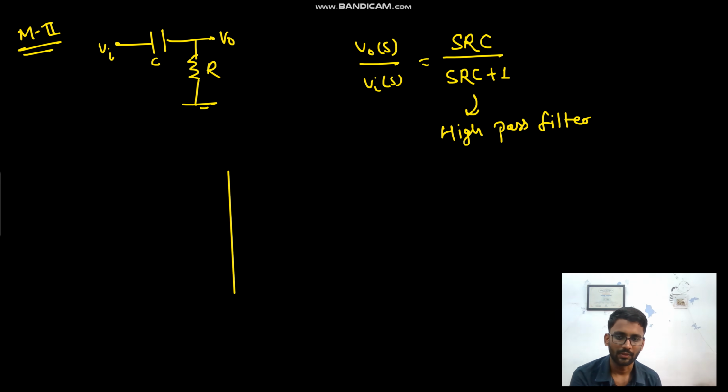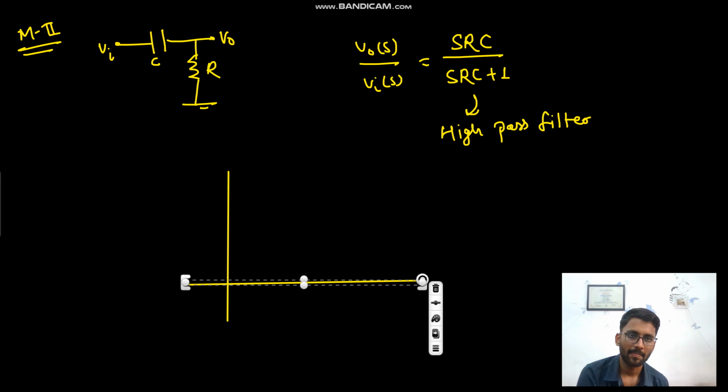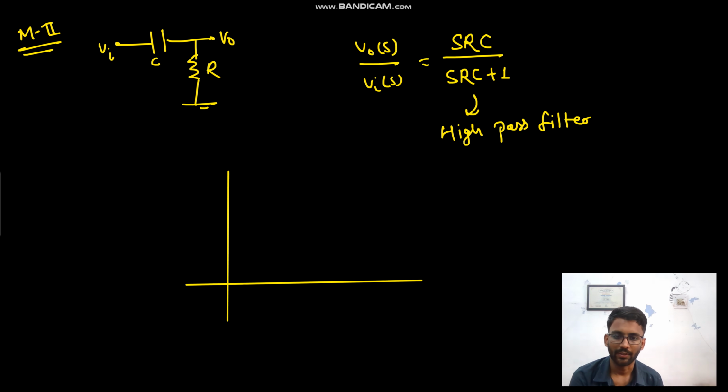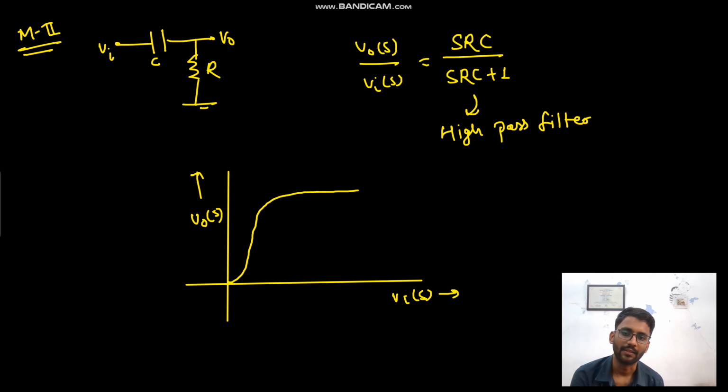So the response will be something like this. This is V naught, and this is frequency. We have a 0 at 0, so initially it will rise, and then at 1 by RC we have a pole.